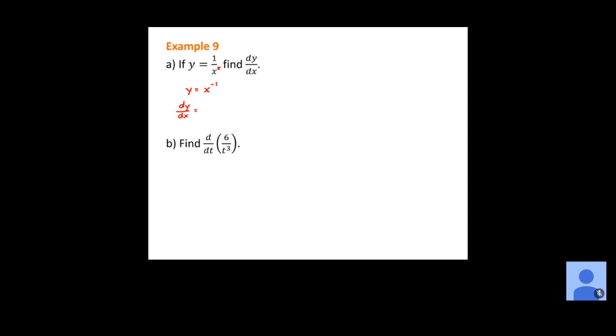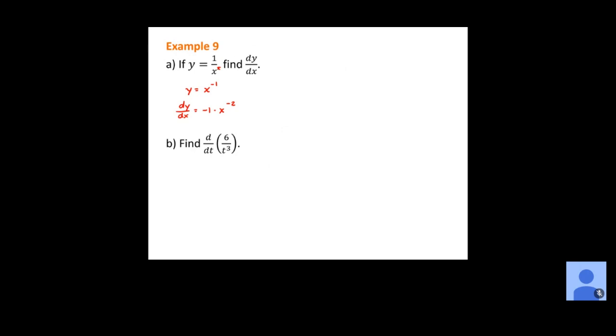So try not to skip steps here, right? Think about, if you go step by step here, what would it look like first? And then we'll rewrite it. So we're going to bring down the negative 1 times x to the negative 2 power, right? We bring down the exponent and we subtract 1 from our exponent on the x.